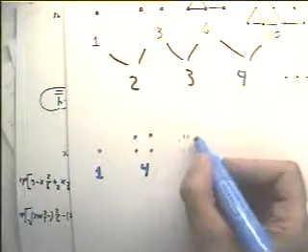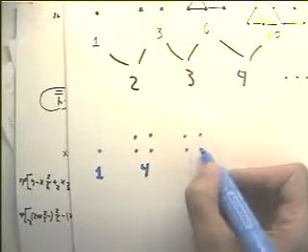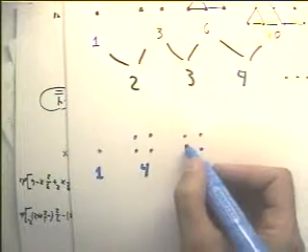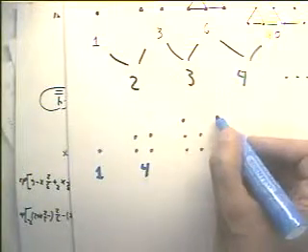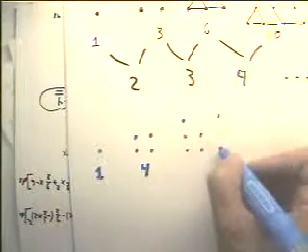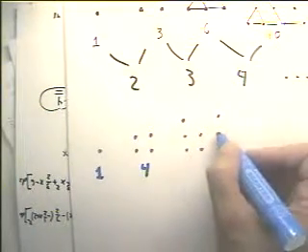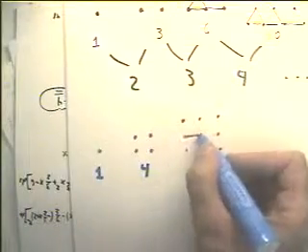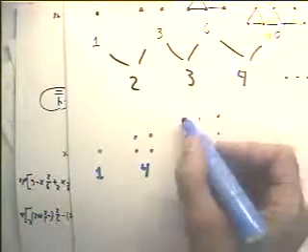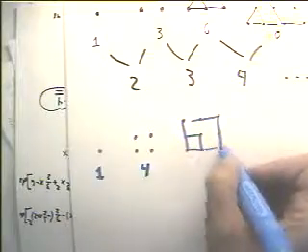Well, let's start with our square of 4, and then think of putting another square up here. And filling in all the dots in between. So here we have our first square. Here we have the second square.